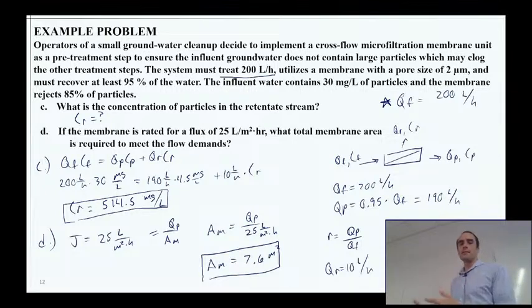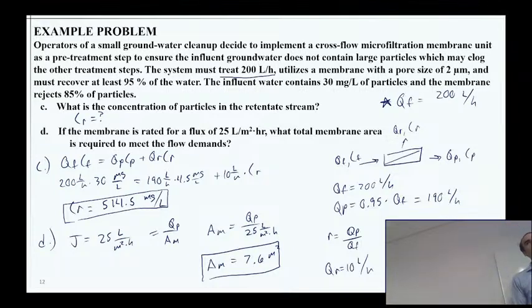So in this sense, we need to find the flow rates for each of them, and you see I did that. We know that the feed we said is 200 liters per hour, and we were given that the recovery rate has to be at least 95%, so I just went ahead and said the recovery is 95%.